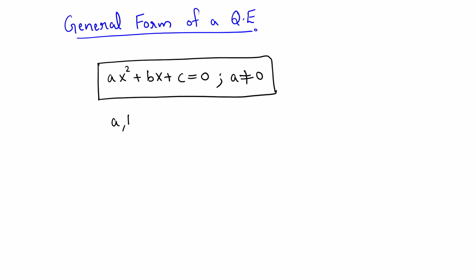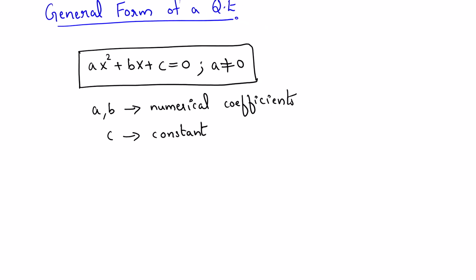Here, a and b are known as the numerical coefficients. C is known as the constant. And the case is that you can have b equal to 0. There is no issue.